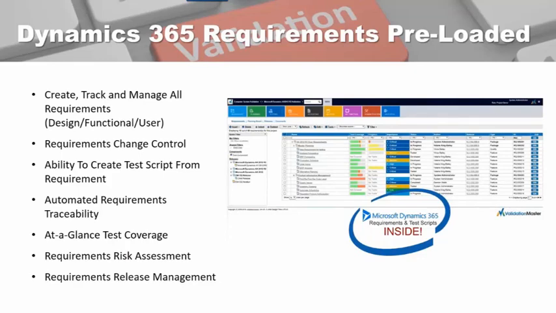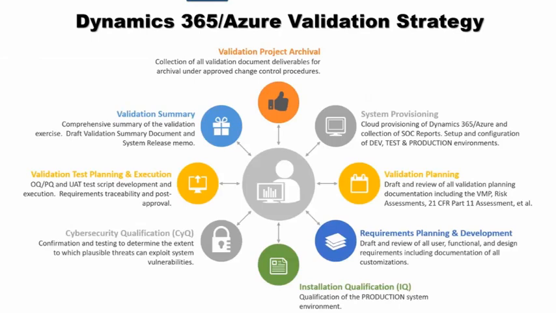So Full Scope will come in and provision the Dynamics 365 system in Azure. You'll go ahead and collect the Service Organization Control reports from Microsoft's Trust Center. You'll set up your dev, test, and production environment, and then we'll come in and do the validation planning.